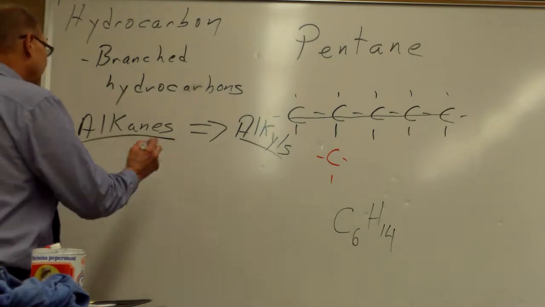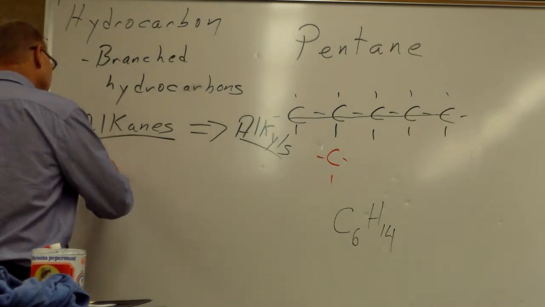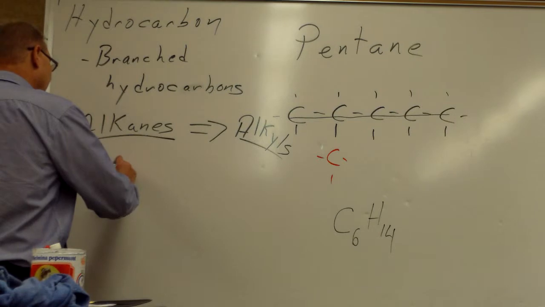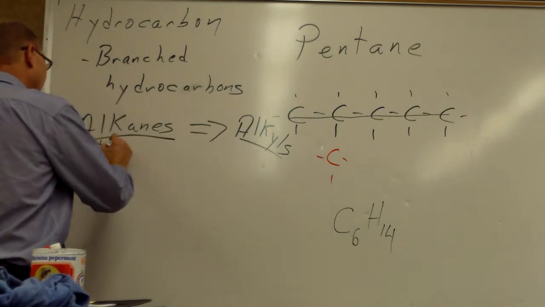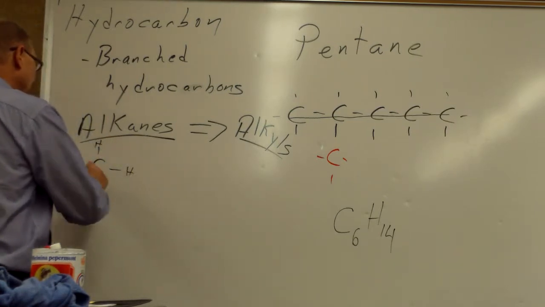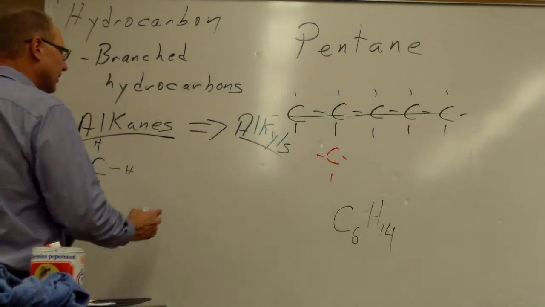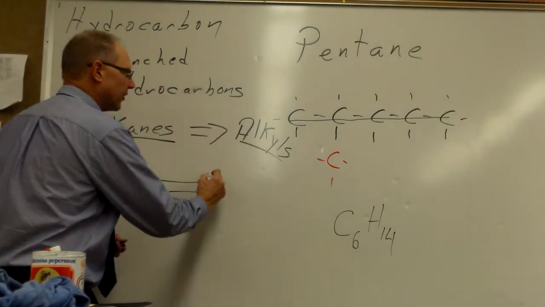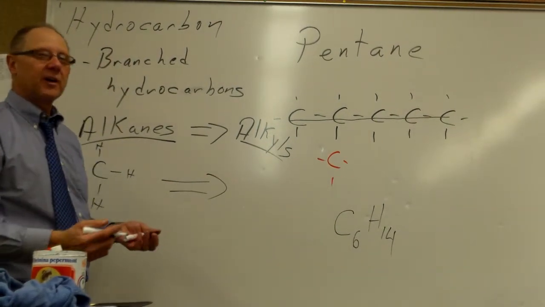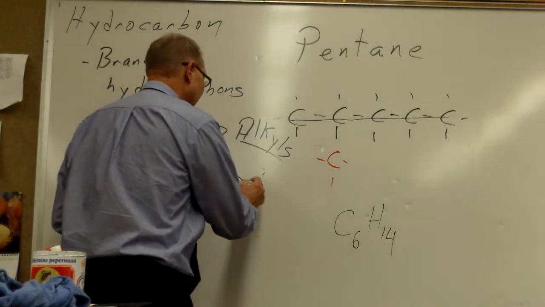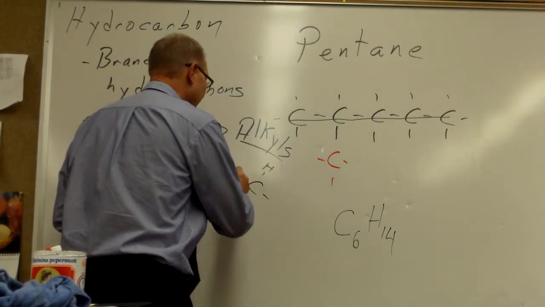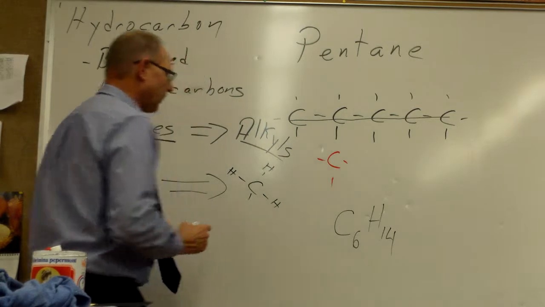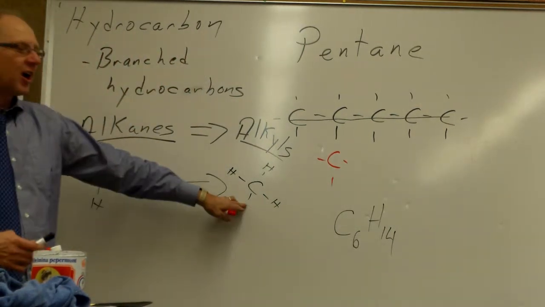An alkane, for example, is CH4. You convert it into an alkyl by simply taking one H off. CH3, and there's not an H on there.